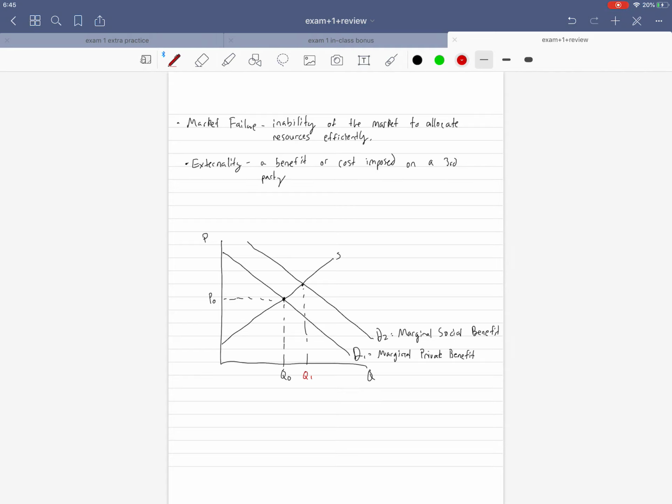So something that provides a positive benefit, such as the flu shot, as I mentioned earlier, as a society, we should want more people to consume that. But the reason why more people don't consume it is because the price is too high. But if the price were a little bit lower, that can cause more people to consume it.